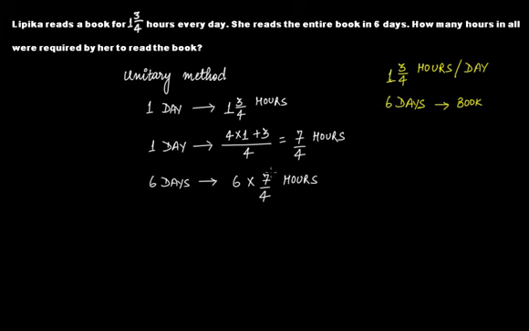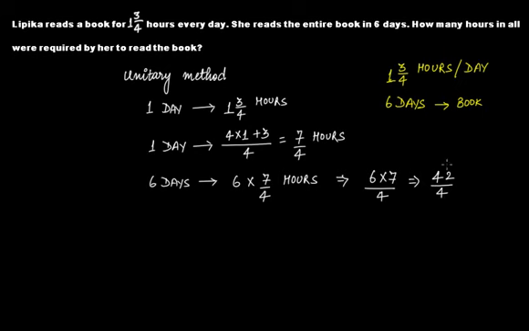Since it is a whole number multiplied by a fraction, first multiply this whole number with the numerator and then divide by the denominator. This is 42 by 4.